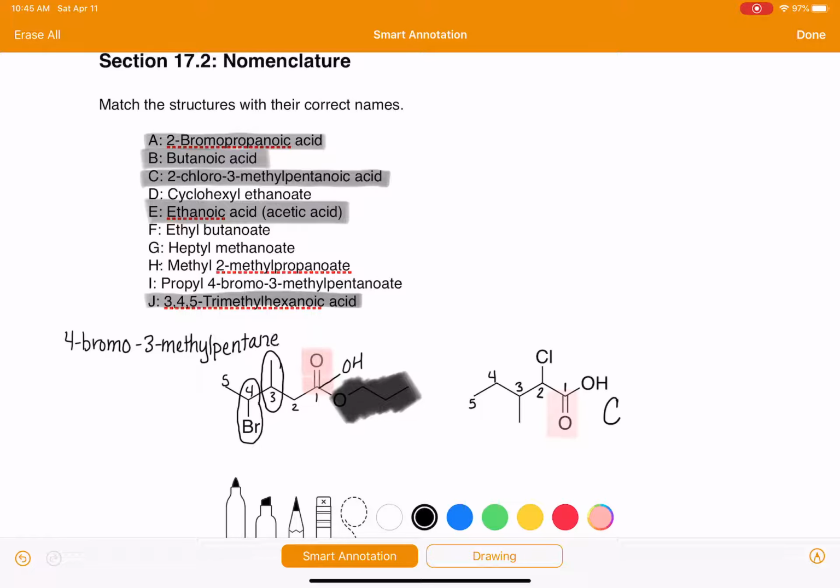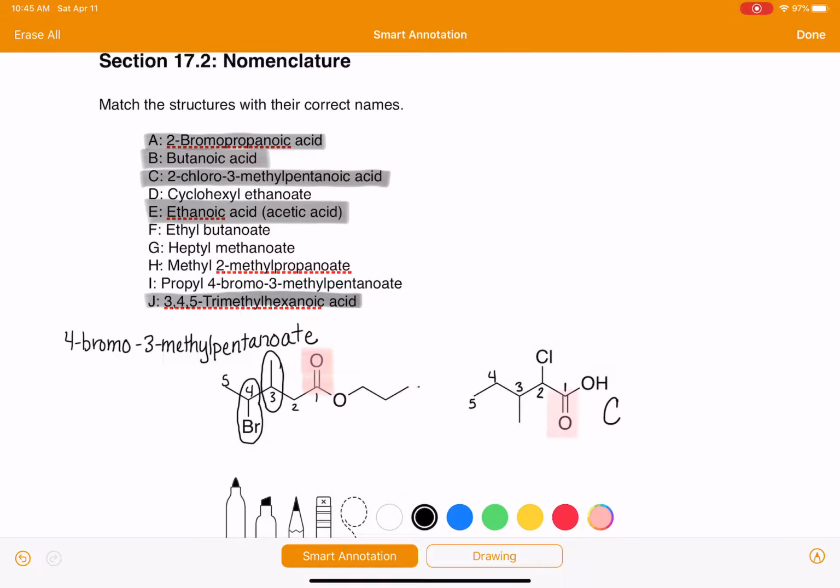We're still pretending like it's a carboxylic acid. So pentanoic acid, that's its carboxylic acid name. Now we stop pretending like it's a carboxylic acid and we pay attention to the fact that it's actually an ester. So that means we're going to drop the ic acid off of its name. We're going to replace it with ate.